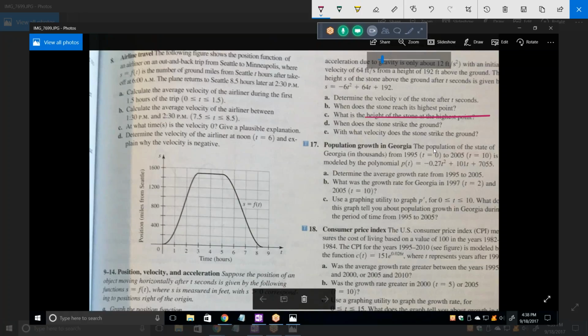I'm not sure that it matters. Let's read it a little bit more. First of all, F of T is the number of ground miles from Seattle T hours after it takes off at 6 a.m.